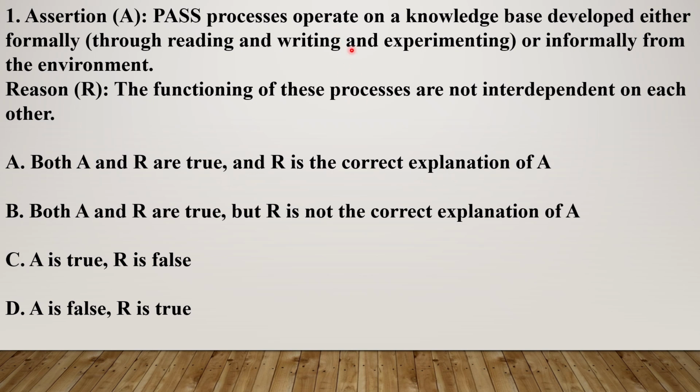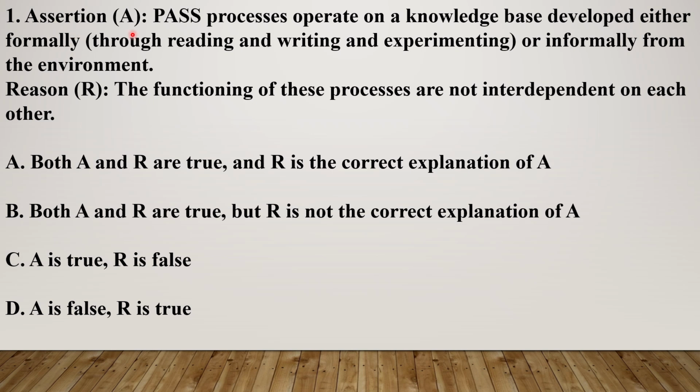If both statements are true, but it does not make sense after putting 'because' after assertion, then we are going to say that it is not the correct explanation. And if one of the statements of assertion and reason is false, then we tick the C part or the D part. Let's start with the first question.